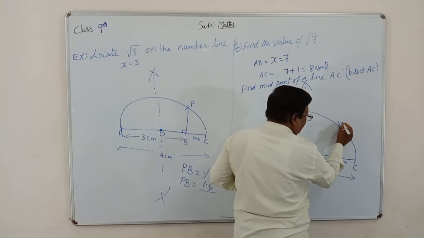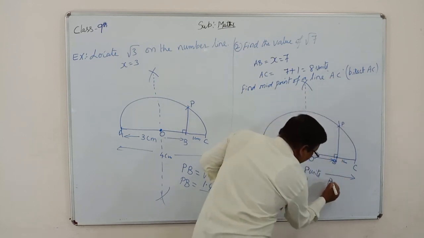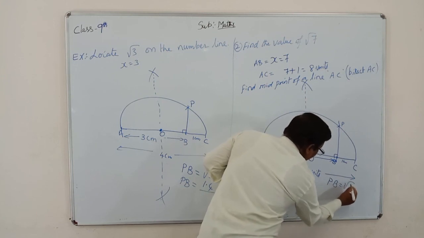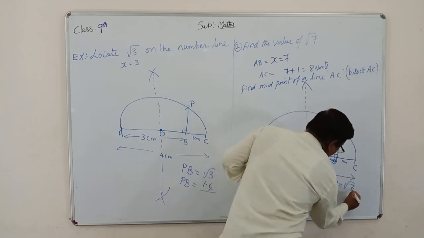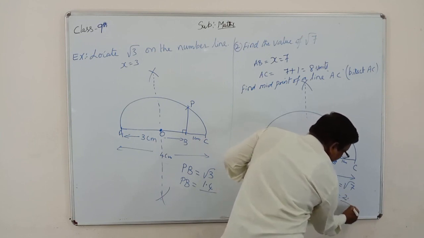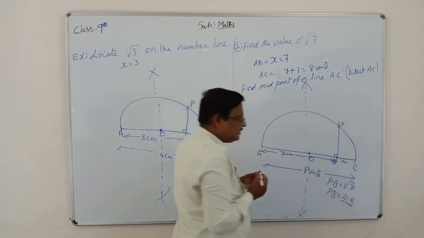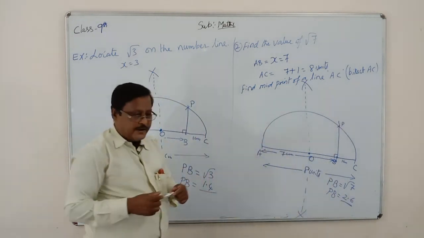This is called P. See, P and B. PB is equal to the square root of 7. PB is equal to 2.6. This is the value. You have to find it like this.